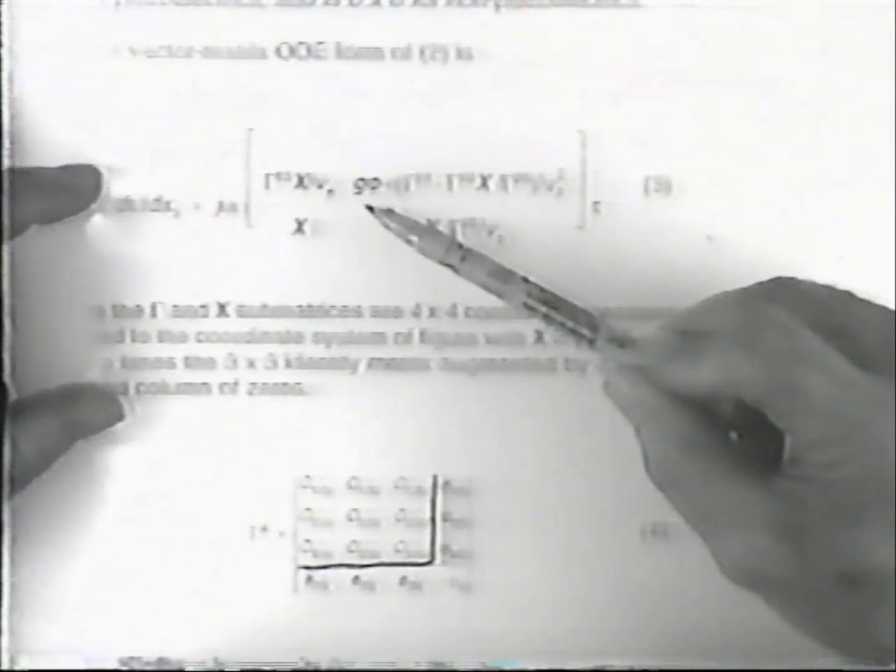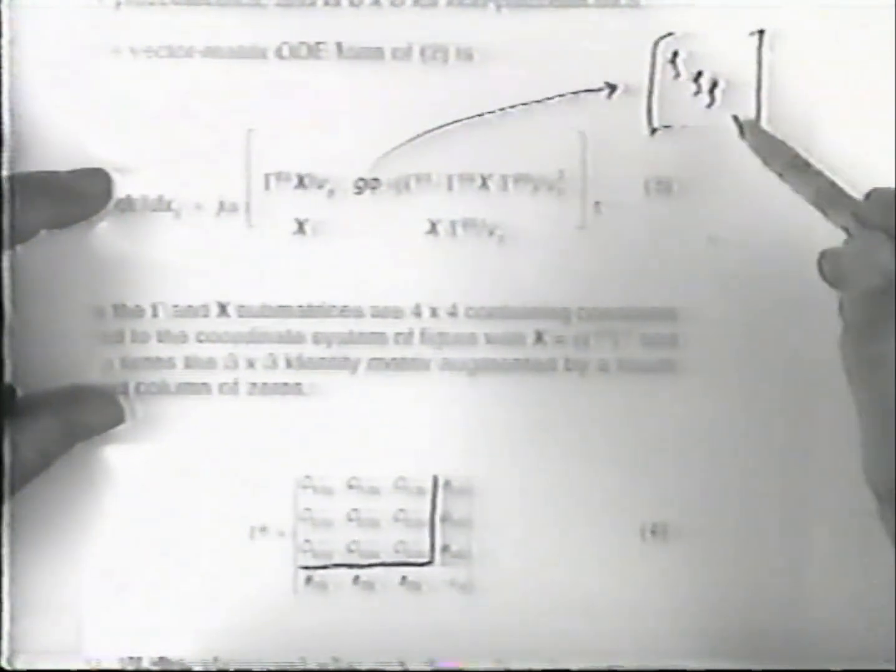Symbolically, this matrix looks exactly the same as the one we looked at on the preceding page, with one exception. Instead of having the density times a third order identity matrix, what we have here is a 4 by 4 matrix which has an added 0 in the 4th row and column.